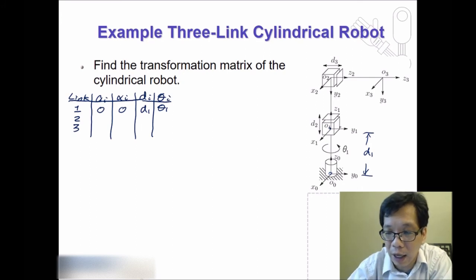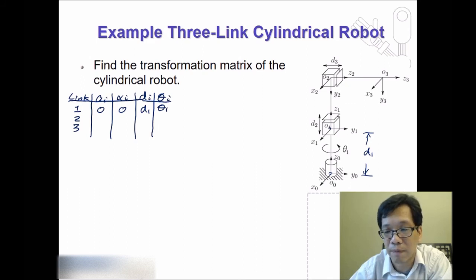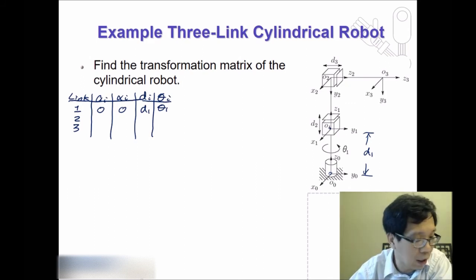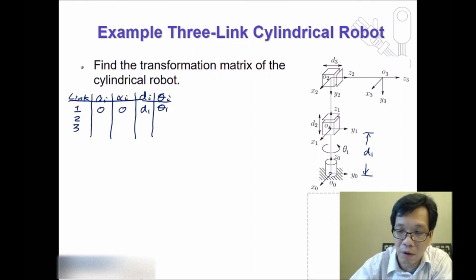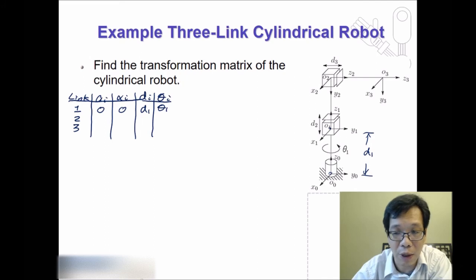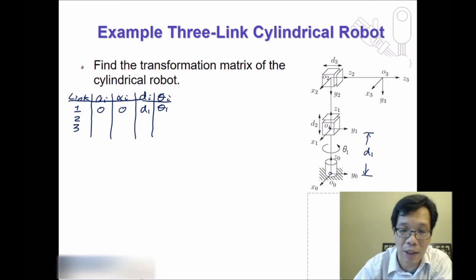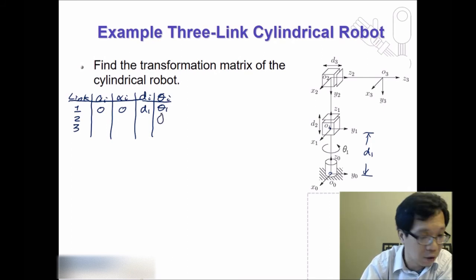The second link, I got x, y, z over here, and I got x2, y2, z2 over here. So let's start to configure what's going on. This one over here is a joint that is going to move vertically, which means this one cannot be rotated. If this one cannot be rotated, certainly the theta is going to be 0.